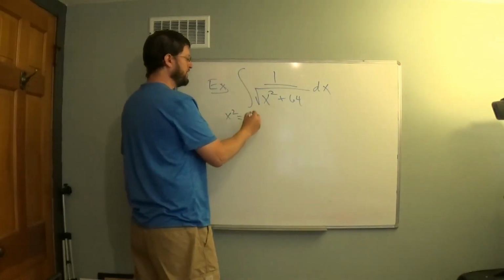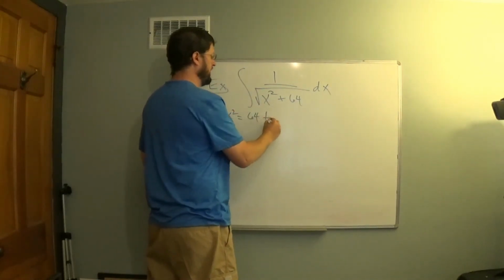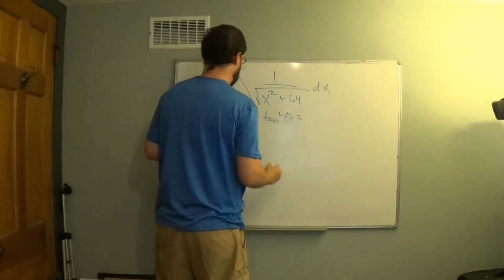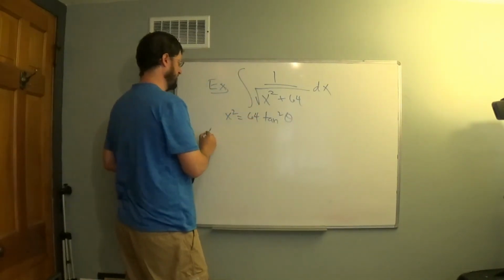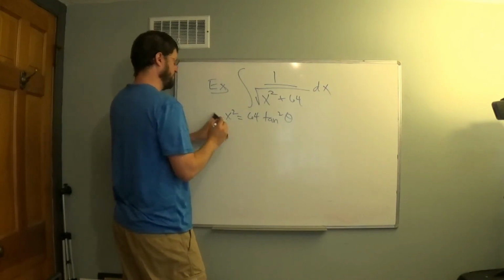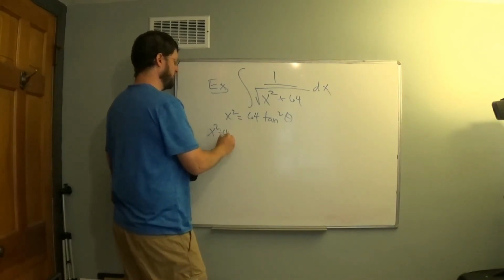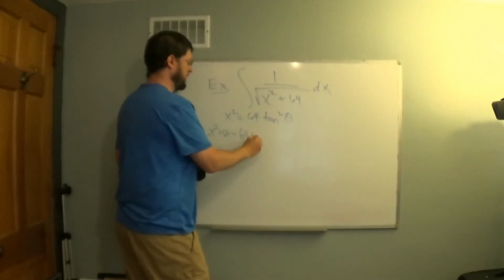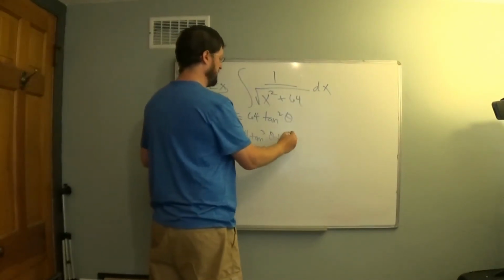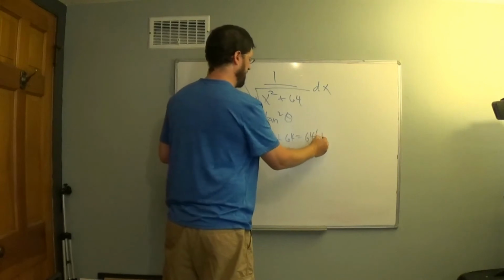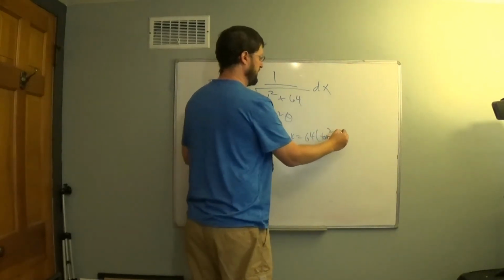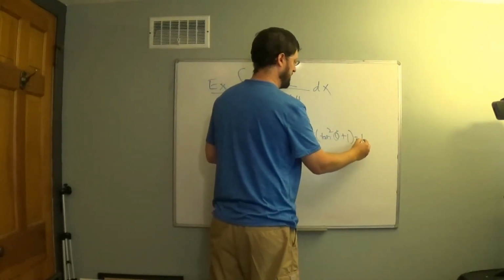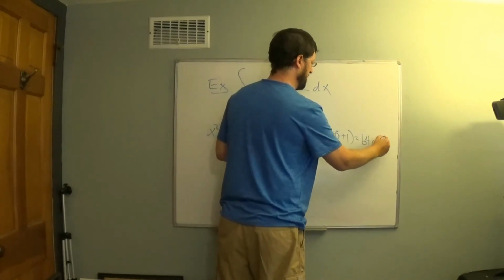So I can still let x squared be 64 tan squared theta, so that x squared plus 64 is 64 tan squared plus 64. 64 factors out, I get tan squared theta plus 1, but tan squared theta plus 1 is secant squared theta.